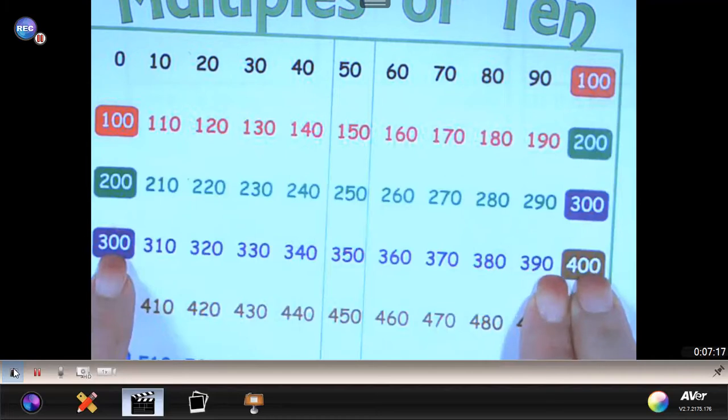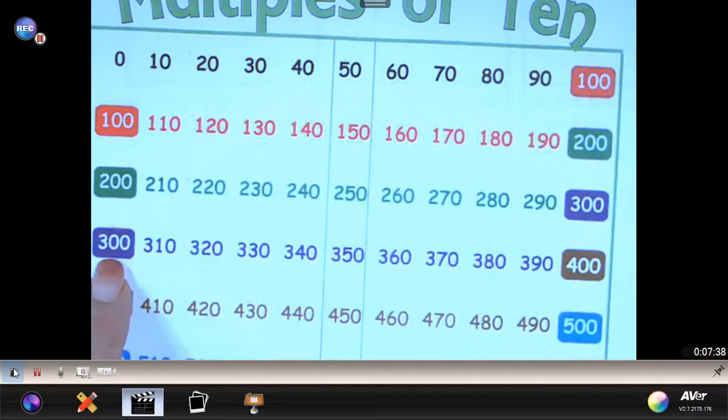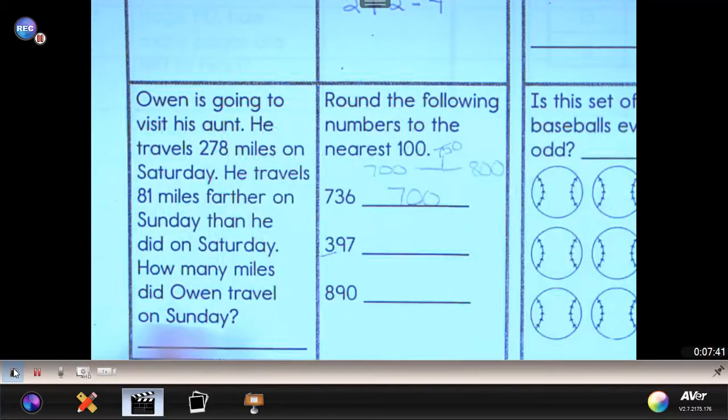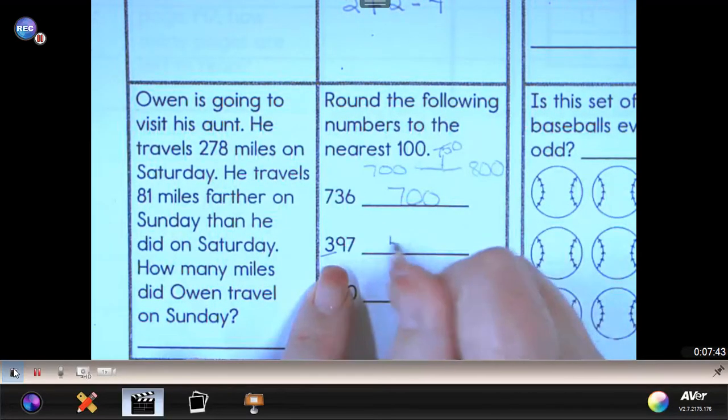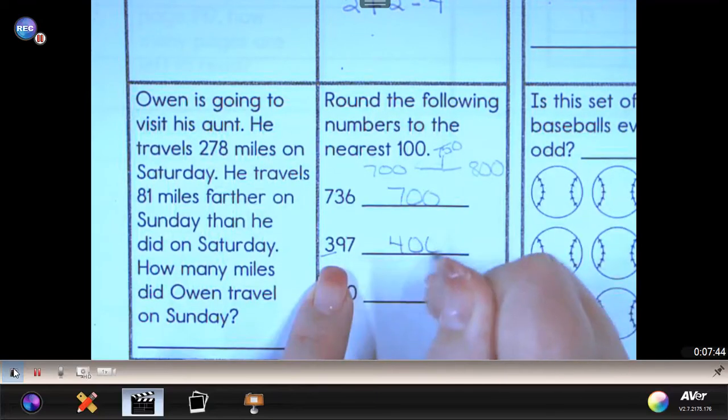Look at the proximity, or how close something is: 397 is 3 away from 400, but it's 97 away from 300. So when we're rounding to the closest 100, definitely 397 is going to round to 400.